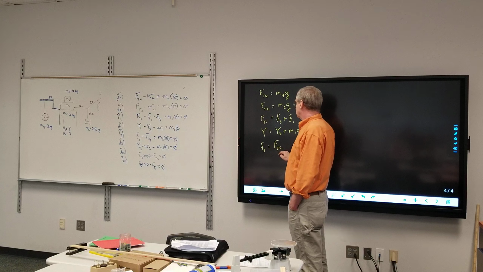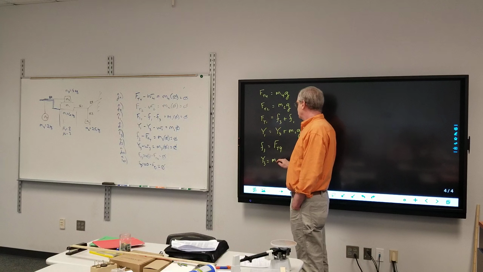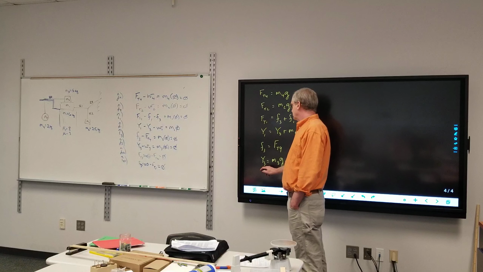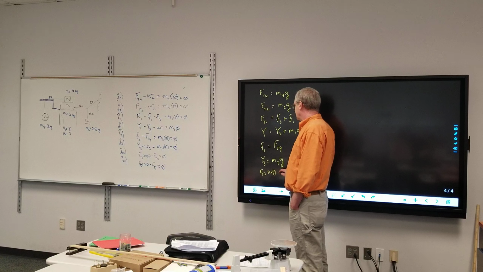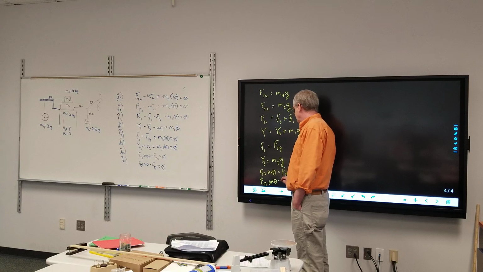And then J hat 3 is normal 3 equals M3g. And then the J hat, whatever, is tension 3 sine theta equals tension 2. And the last one is tension 3 cosine theta equals tension 1.